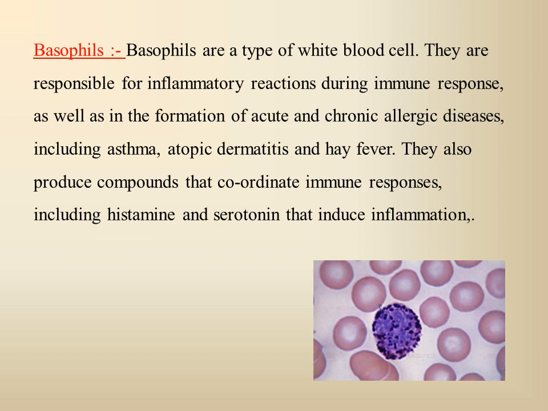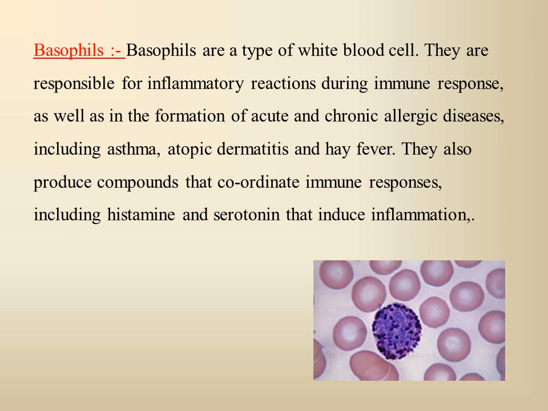The third type of granulocyte white blood cell is the basophil. Basophils are a type of white blood cell responsible for inflammatory reaction during the immune response. So it is different when compared with the eosinophil.